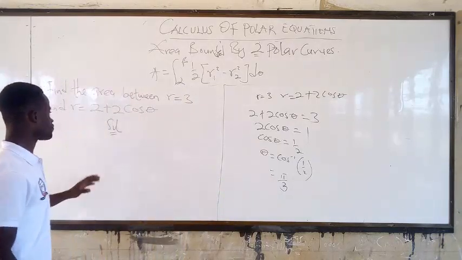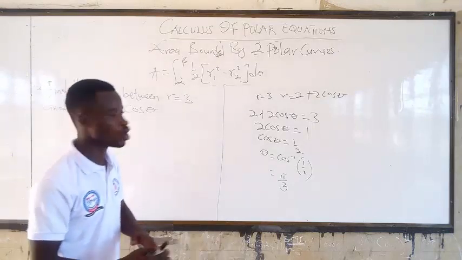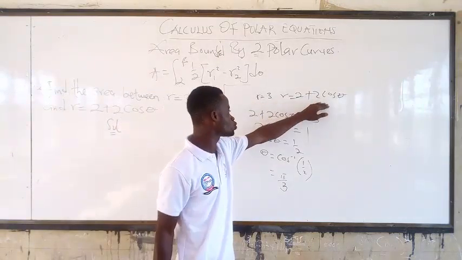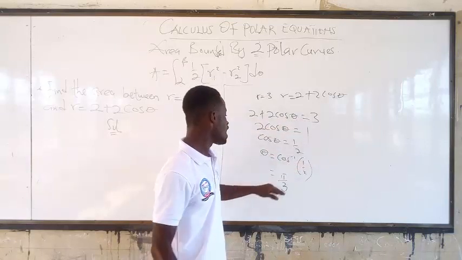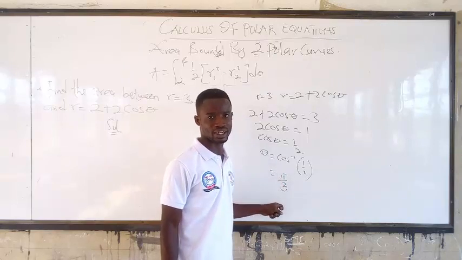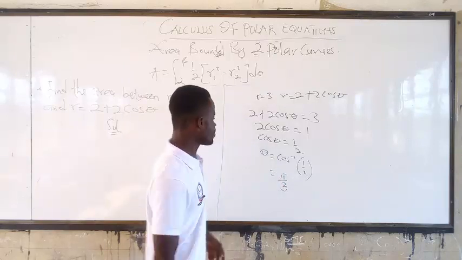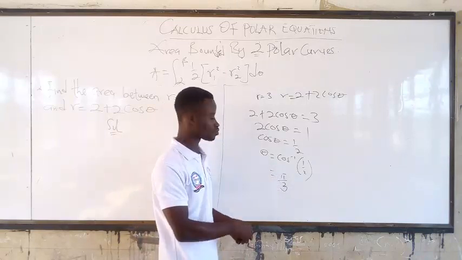So you equate r1 to r2. Having the r1 and the r2, you equate the two, and when you equate the two, you solve for theta. And when you solve for theta, you're going to get theta to be pi over 3. Good. So that means that there's going to be a point of intersection at pi over 3.